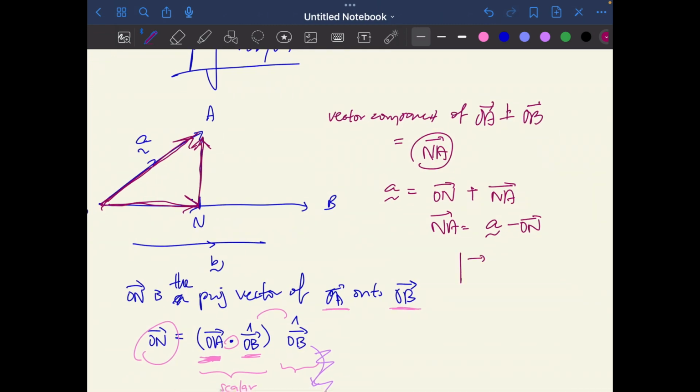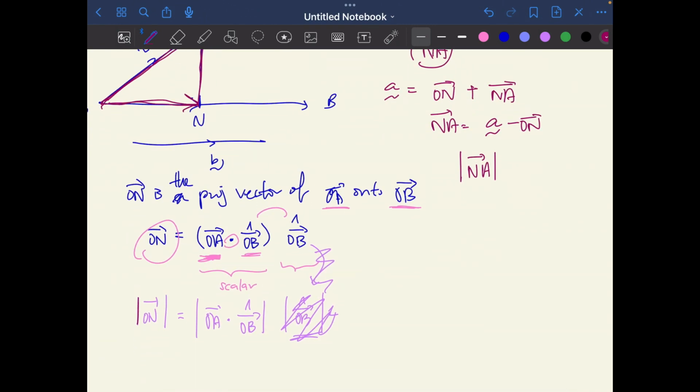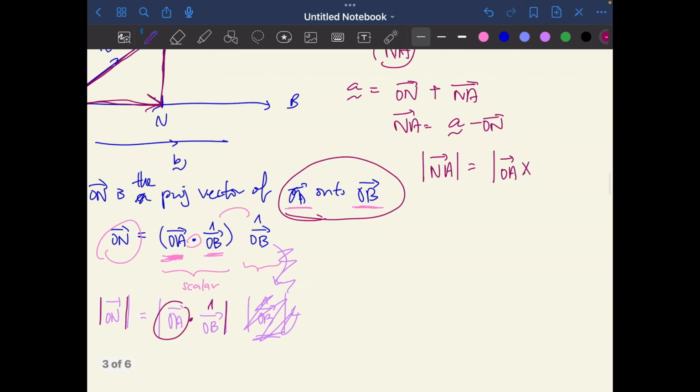So moving on. The magnitude of your vector component would be, okay, earlier we said magnitude of your projection vector is whatever dot unit of whatever, right? In this case, the order of your vectors is also important. So OA comes first, and then we will say that magnitude of NA is mod of OA cross unit vector of OB.